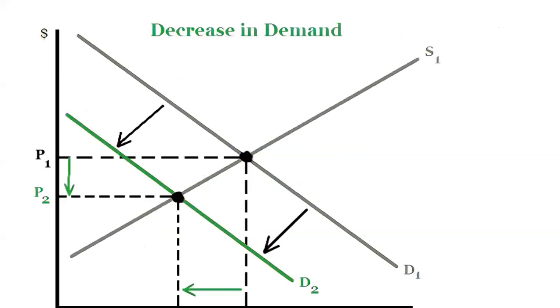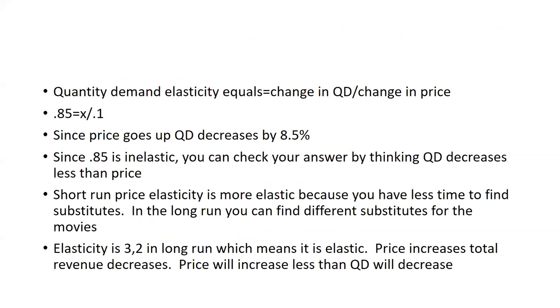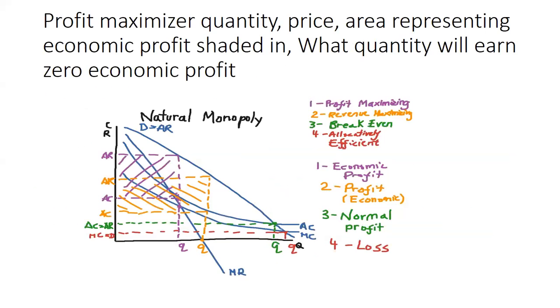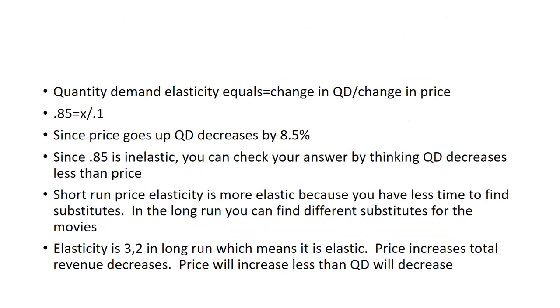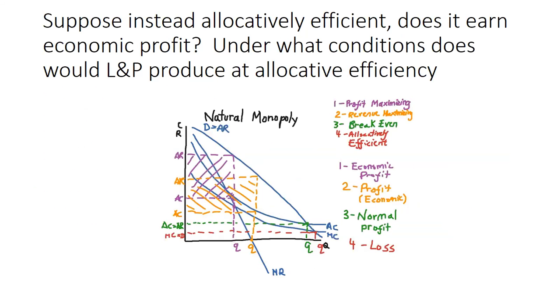Okay. All right, I think that is pretty much a wrap. We really struggled in this one. I'll be honest, I was a little surprised here because a lot of people didn't draw the natural monopoly graph correctly.